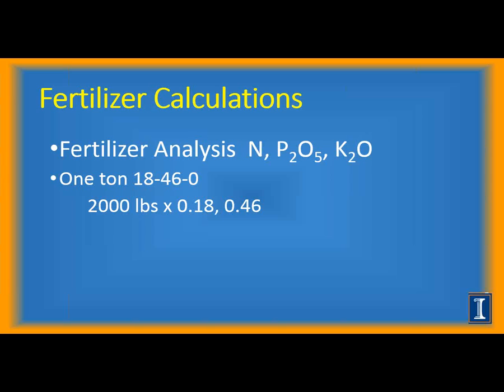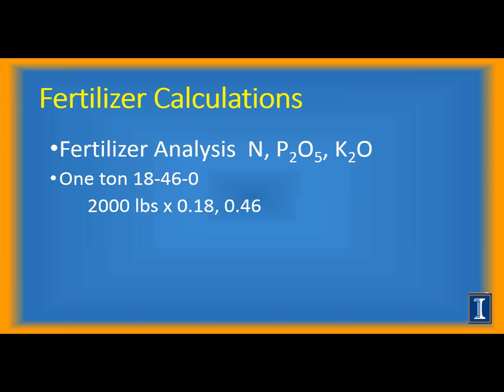So people wonder, is there actually any P2O5 in that particular 18-46-0? And the answer is no. This is a standard of expressing phosphorus that was developed probably hundreds of years ago when all of our elements were expressed on an oxide basis, okay?